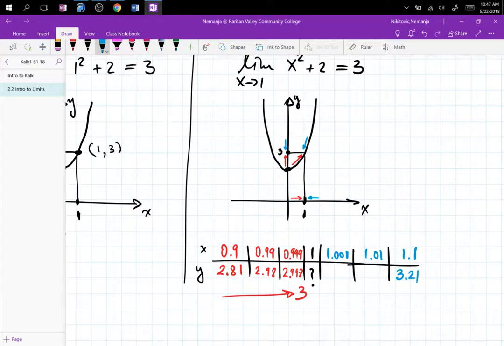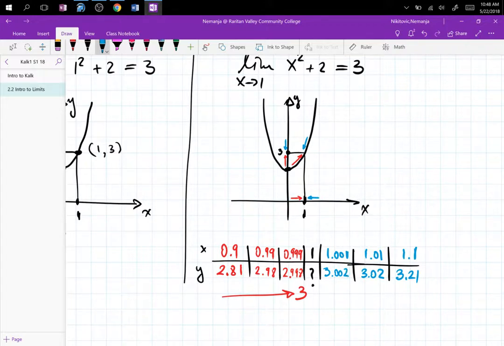1.01 squared plus 2 gives us 3.02. Aha! The values are getting smaller, which is good, because we're aiming to get to 3, right? 1.001 squared plus 2 is 3.002.